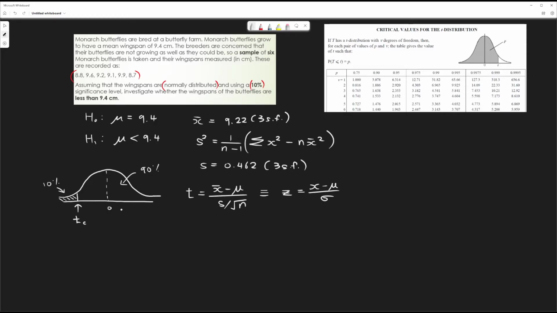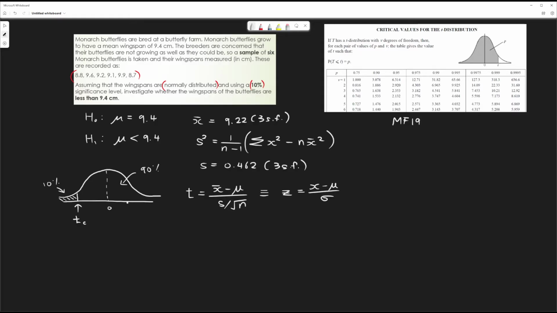So we have sufficient evidence to reject, because it's very unlikely that our sample mean would be so far out from the supposed population mean. Okay, so how do I work out TC? To do that, we need to work out what P is, the percentile. If you look at our MF19 list of formula table here, the way the table has been calculated is based off the area coming in from the left.